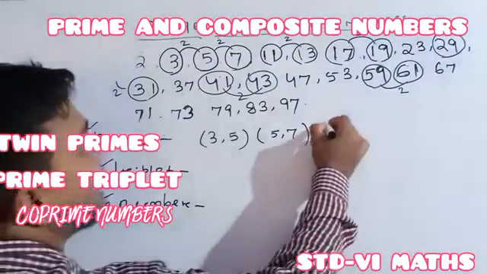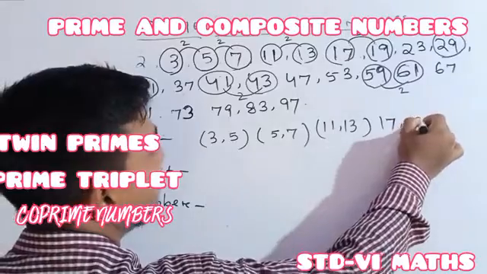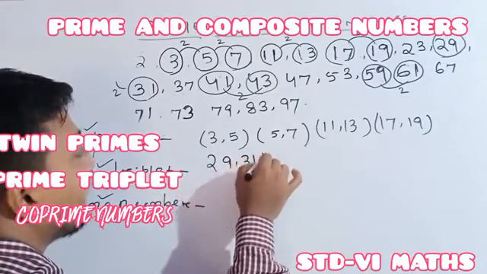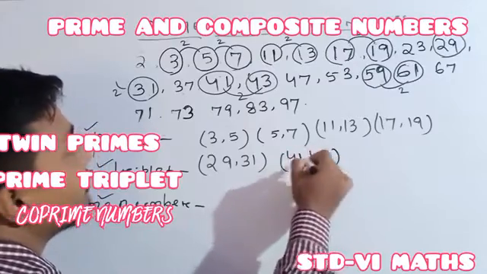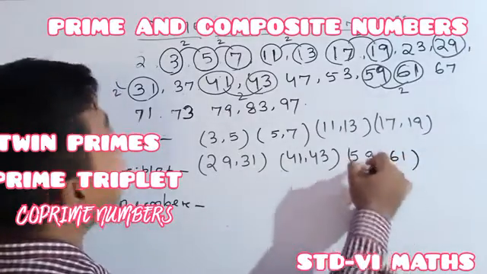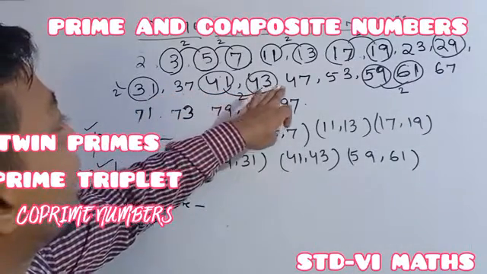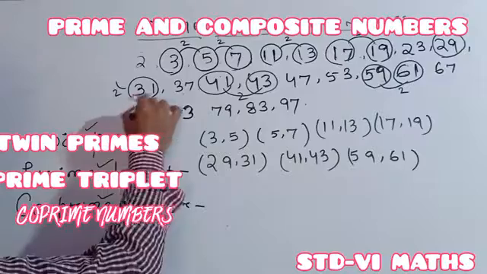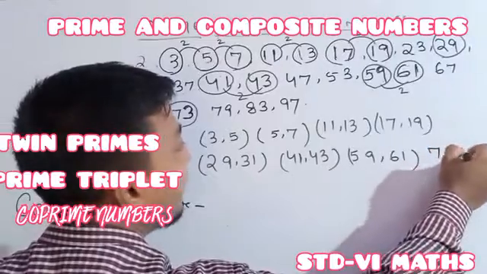In the same way 11 and 13 is another, 17 and 19 is another, 29, 31 is another, 41 and 43 is another, 59, 61 is another, and 71 and 73 is another.